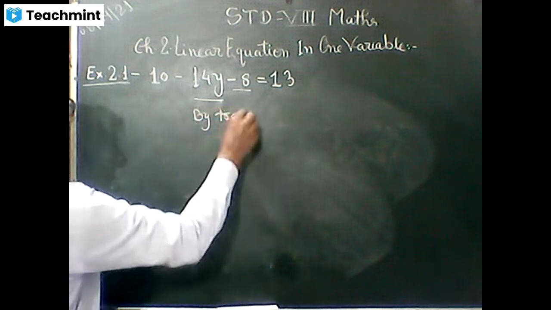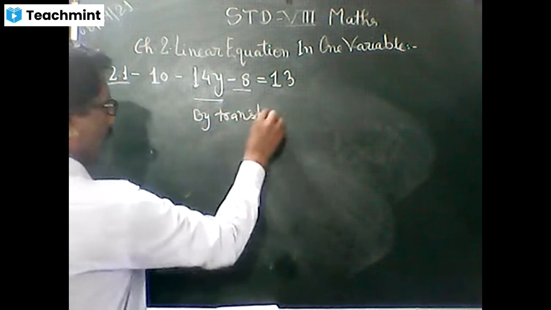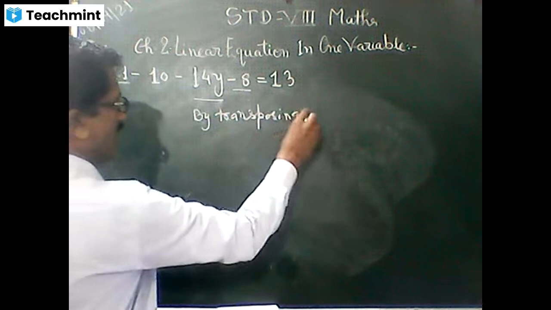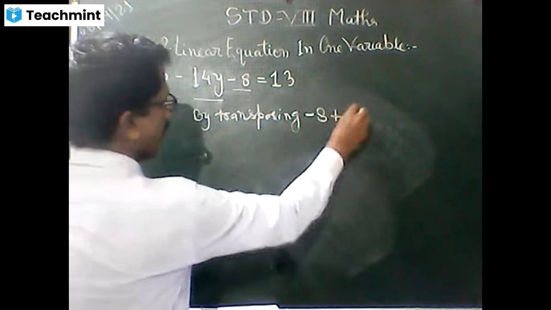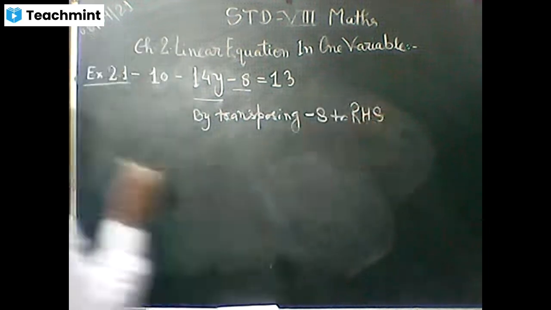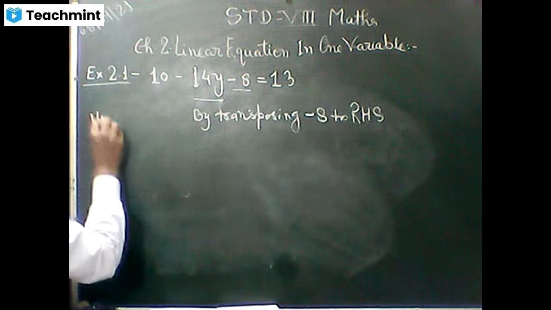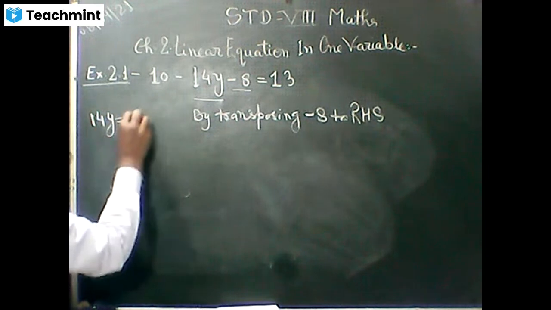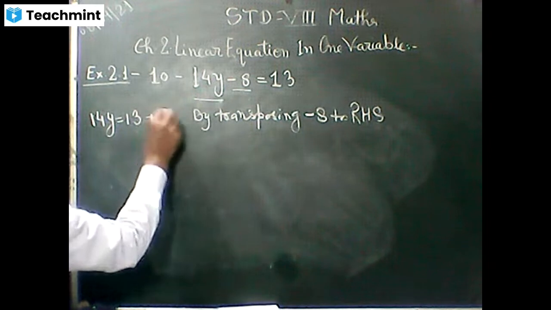You have to take care. First of all, we have to transpose our non-variable term, minus 8, to the RHS. Then it remains 14y equal to 13, and minus 8 comes to plus 8.